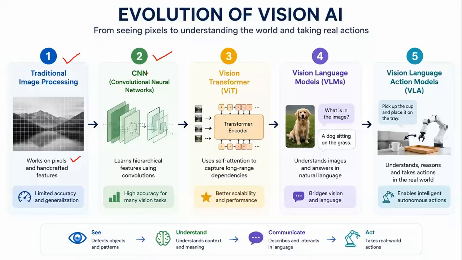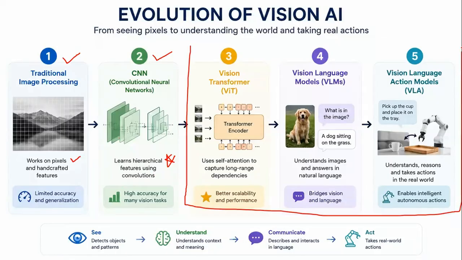CNN stands for convolutional neural network. It is much better than traditional image processing, with higher accuracy on many vision tasks. Coming to the next, this is today's agenda of the discussion, vision transformer, which follows the self-attention mechanism, which is more scalable than CNN. What is the difference between CNN and vision transformer? That we will look at after a few slides.